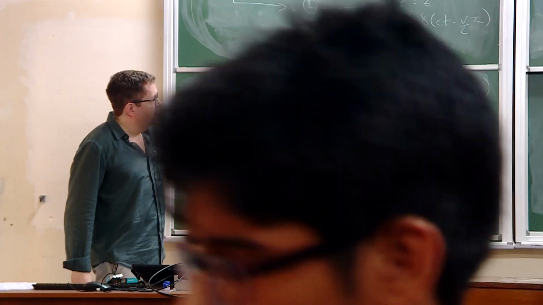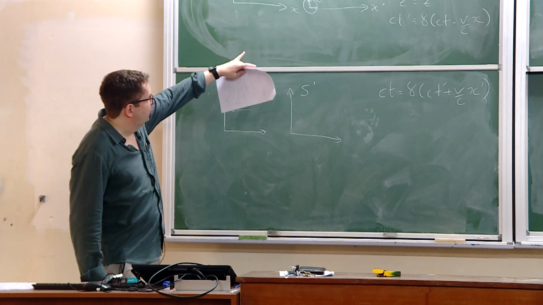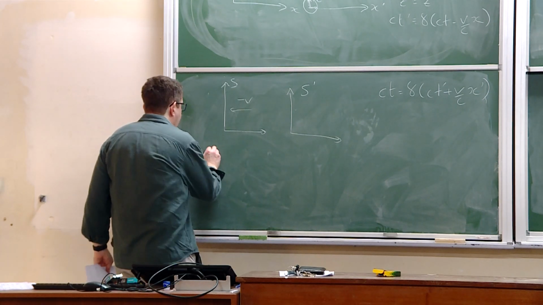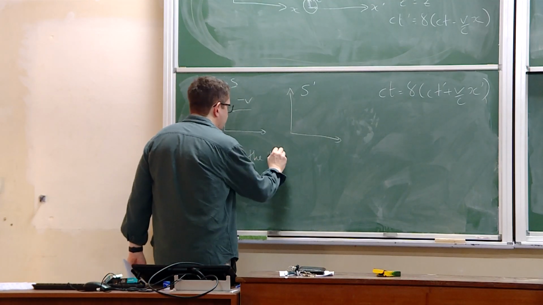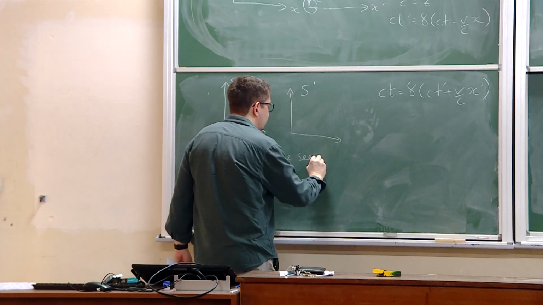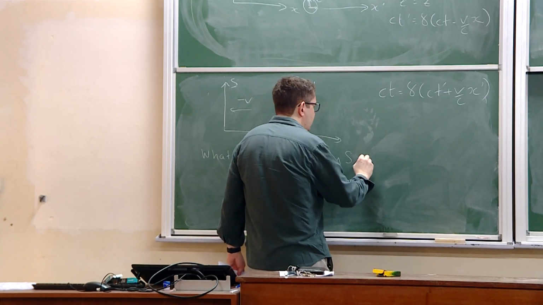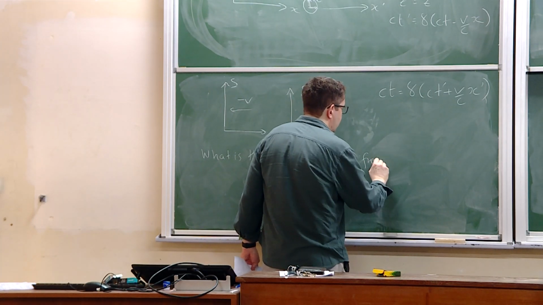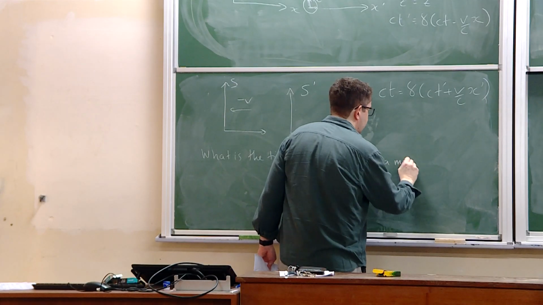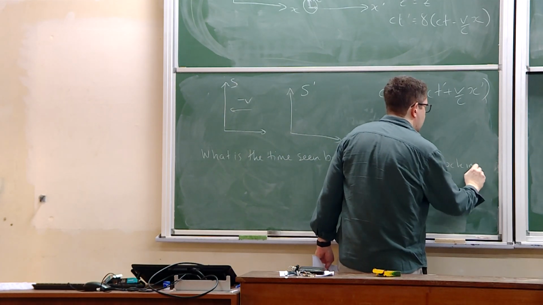And this formula allows me to understand what I was talking about here. What is the time seen by S from a moving clock in S prime?